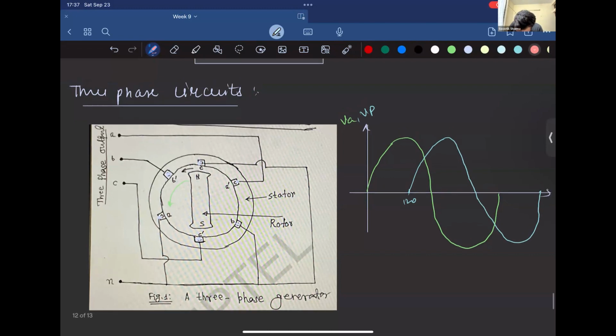Similarly, for VC, it starts after 120 degrees. So that's how three-phase currents are induced in a three-phase generator, right?